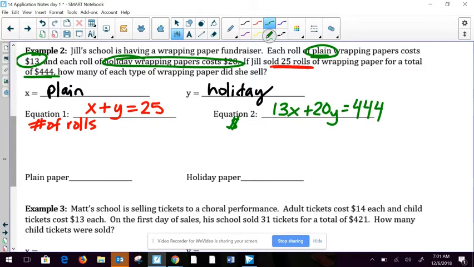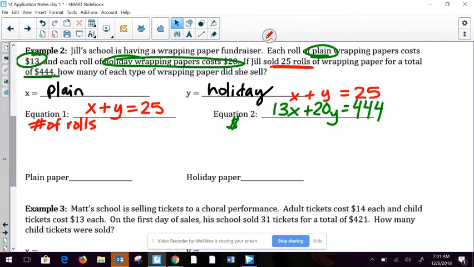So now I need to get something to cancel out. So again, I'm going to take equation 1 and write it directly above equation 2 so I can easily figure out what to multiply by. I think this time I'm going to go ahead and try to get rid of y's first. So because I have a positive y on the bottom, I'm going to multiply the top equation by the opposite.